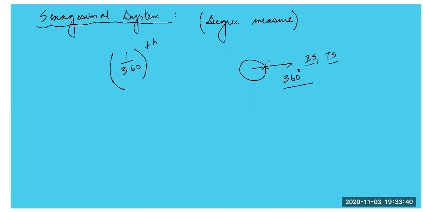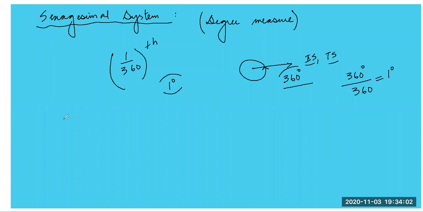This rotation of terminal side from the initial side is 360, and 1 by 360th part of this angle would be 1 degree. 1 degree divided by 360 is 1 degree.